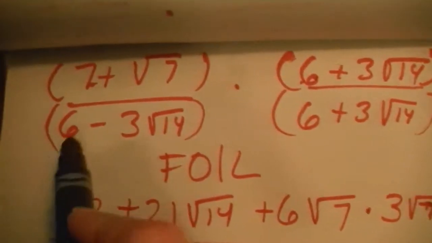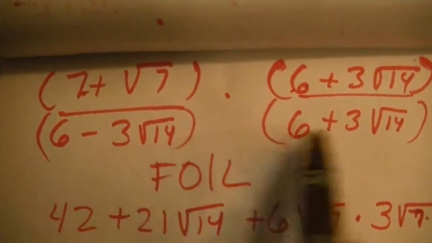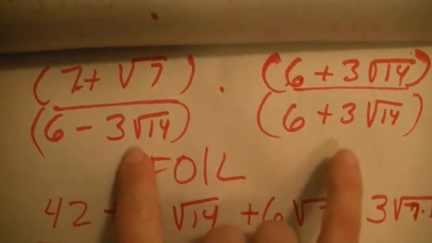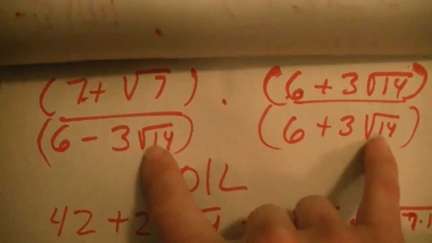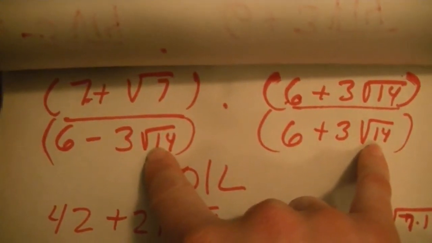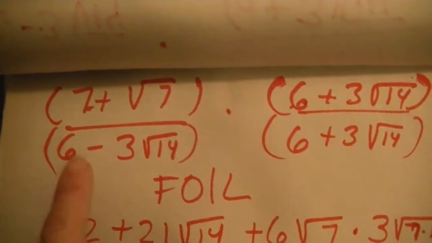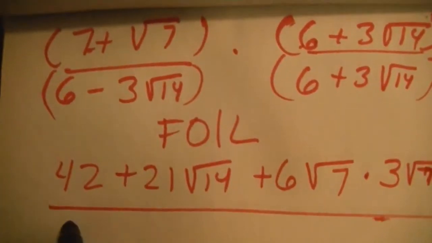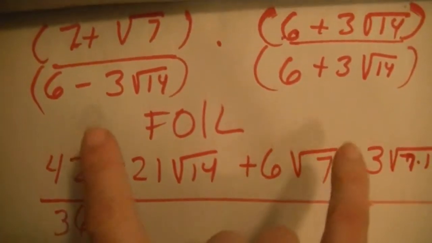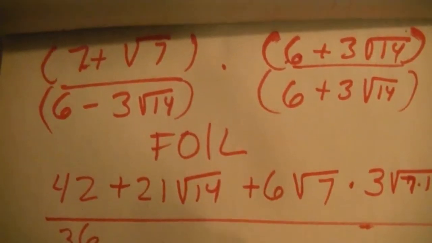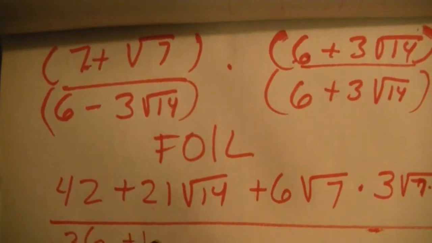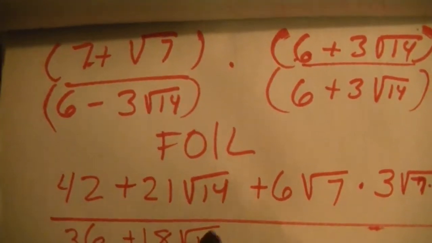Okay, now the bottom ones. So our goal here in multiplying by the conjugate is we're going to get these radicals out from underneath this denominator by doing this. So 6 times 6, again, that's the first terms, 36. The outer terms, 6 times 3, that's 18 square root 14.